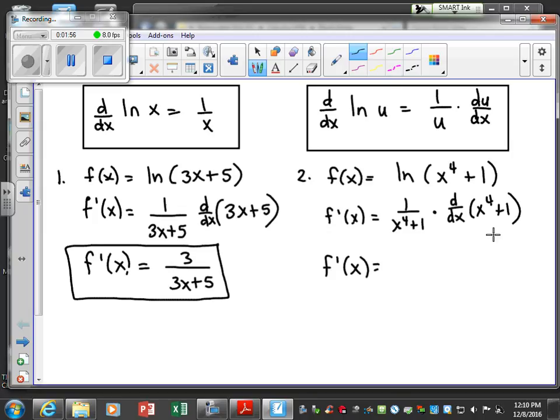What is the derivative of this term? 4x cubed. So we just have 4x cubed in our numerator, and then we have x to the 4th plus 1 in the denominator.